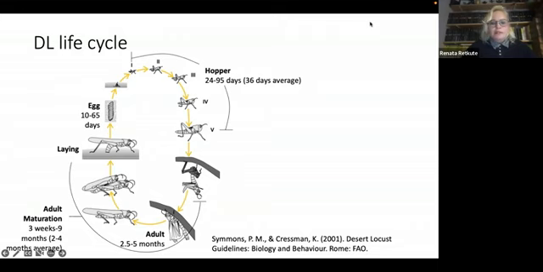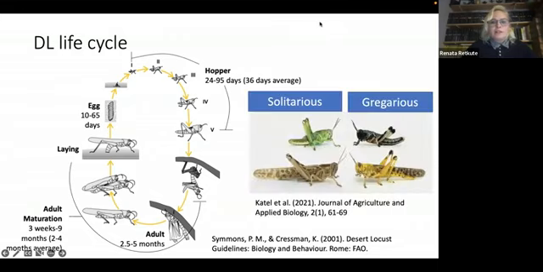But what is different from other insects is that they can undergo a metamorphosis, so they can be in two phases. Solitarious locusts are just happy locusts, minding their own business, who don't like socializing with other locusts. In the hopper stage they are green, and in the adult stage they are brown.